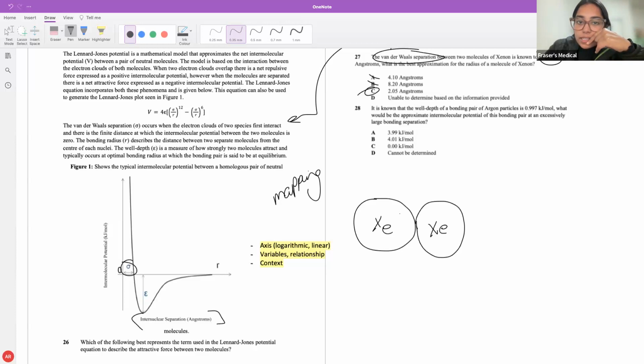Any suggestions? We've got one explanation: excessively large is not meeting the condition of equilibrium.